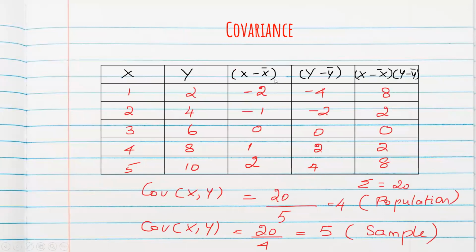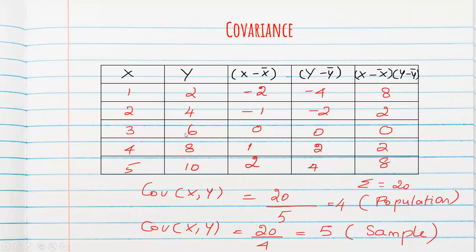So x minus x bar: if you find the mean of 1, 2, 3, 4, 5, we get the mean as 3. So 1 minus 3 is minus 2, 2 minus 3 is minus 1, 3 minus 3 is 0, 4 minus 3 is 1, 5 minus 3 is 2. Likewise, find y minus y bar.